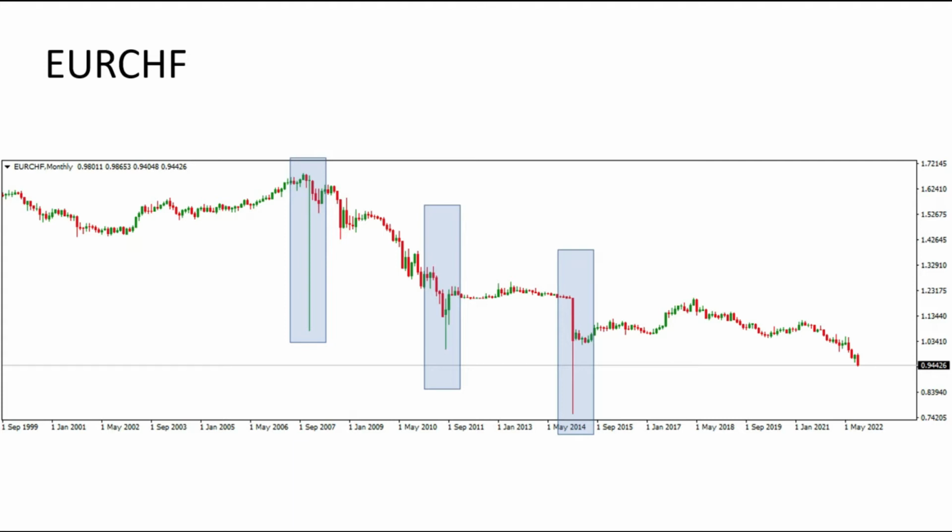If you see these three rectangles, they show some crazy spikes in the price, and of course in the volume too, and this is not something that is completely by accident. All these spikes in price and new trends that form after these spikes are related to order blocks.